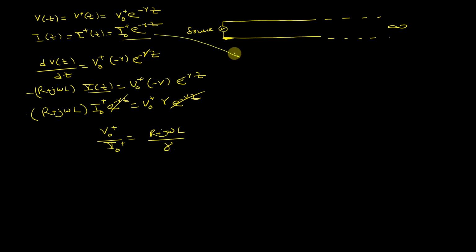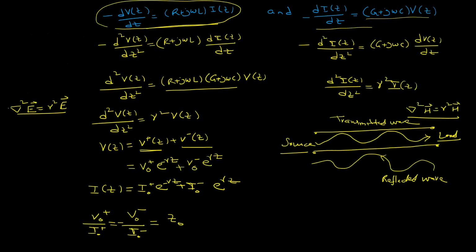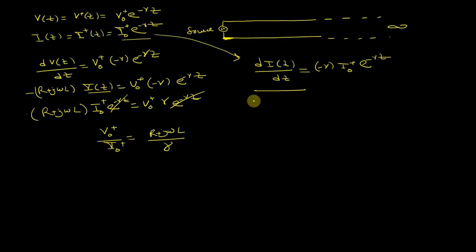Similarly, differentiate the current term with respect to z. dIz upon dz will be equal to minus gamma I naught plus e raised to power minus gamma z. Put the value of dIz by dz from the earlier equation, which is G plus j omega C into Vz. So minus G plus j omega C into Vz is equal to minus gamma I naught plus e raised to power minus gamma z.